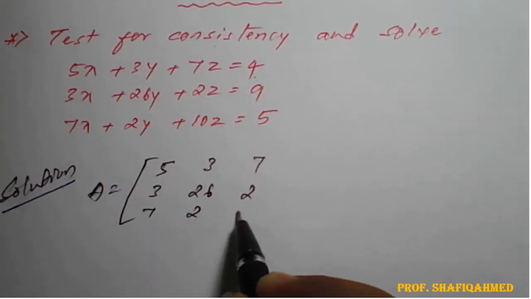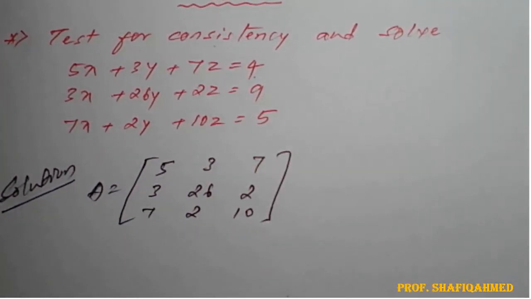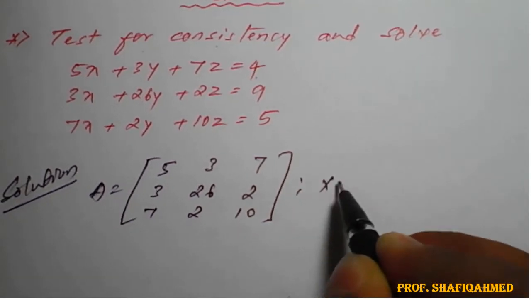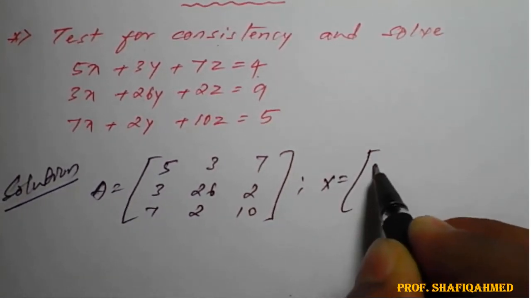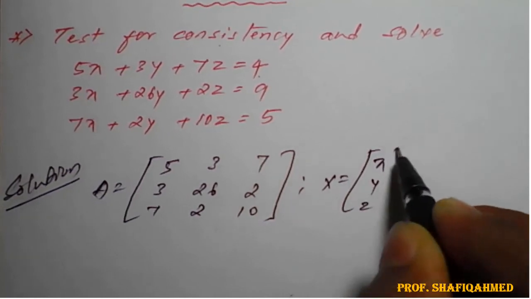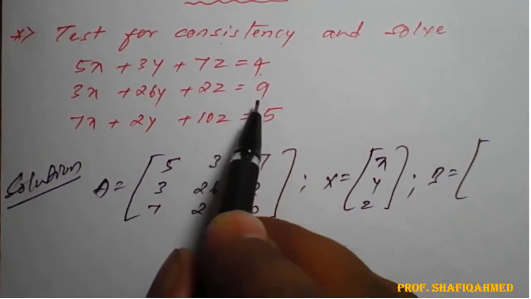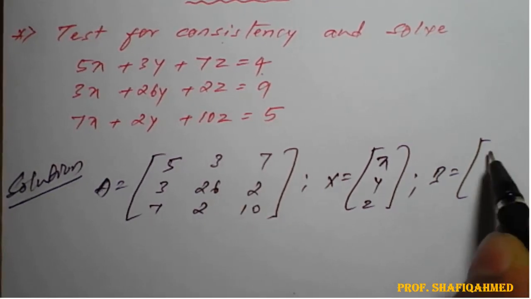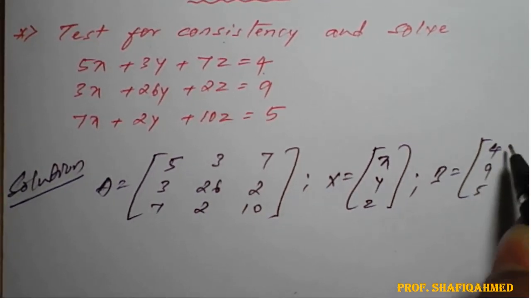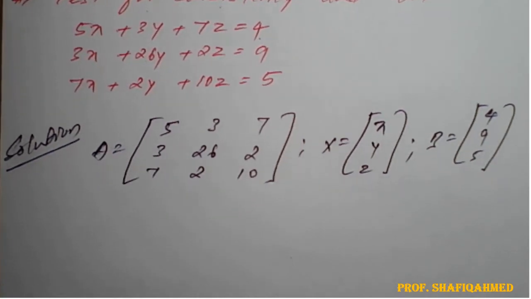This is matrix A. So matrix X is nothing but the variables X, Y, Z, and matrix B, again a column matrix, that is 4, 9, 5.